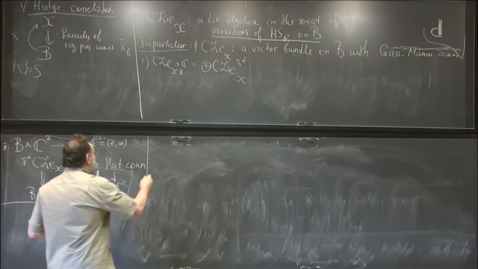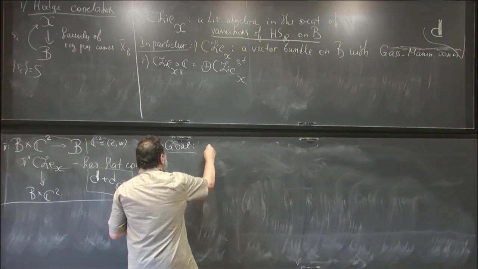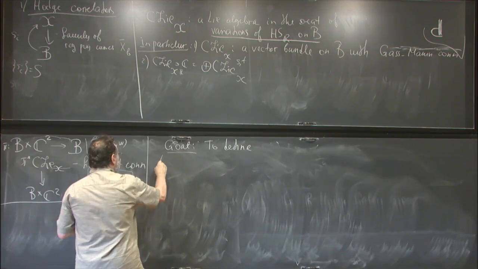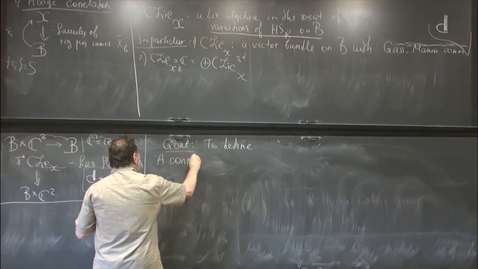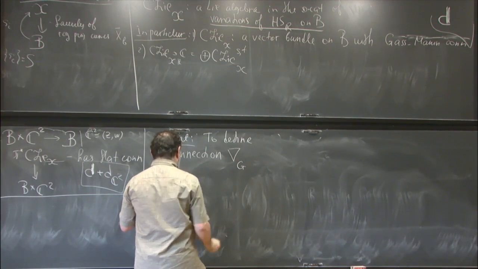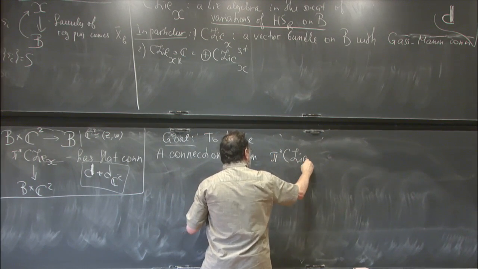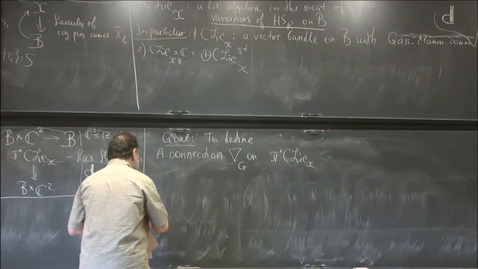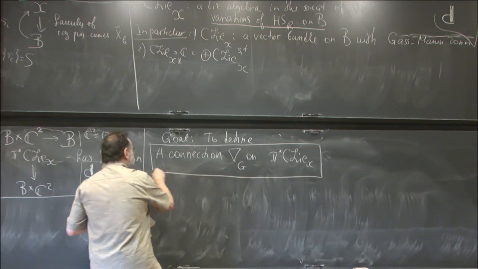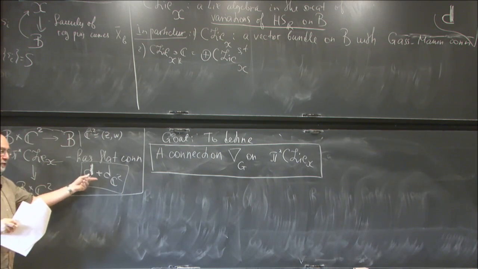All right. So what is the goal? We want to define a connection, which I call nabla G, on pi upper star of the cyclic Lie algebra. But we already have a connection on this, which is just d plus d on C^2.